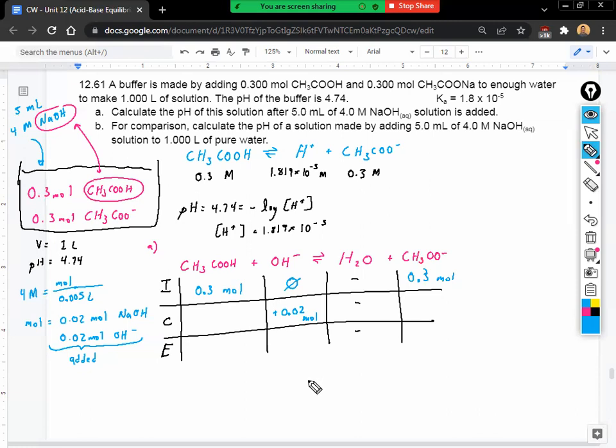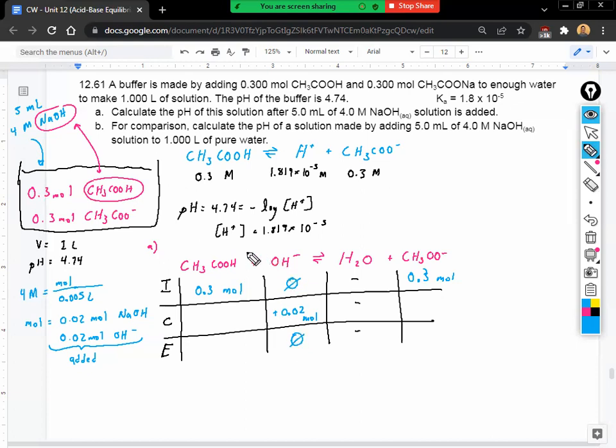Okay, now, this is where our ice table changes a little bit from what we had before. We know that the hydroxide is going to react completely with this guy right here, right? So even though the change is plus 0.02, our equilibrium concentration is actually going to be 0, because it's going to react completely. Does that make sense?